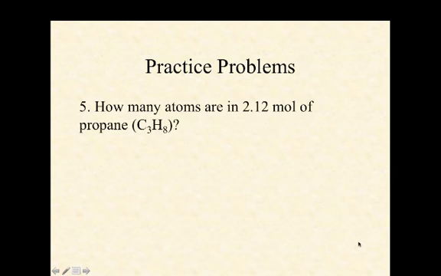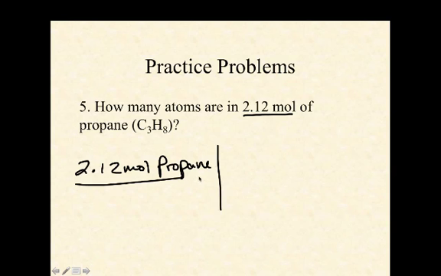How many atoms are in 2.12 moles of propane? Propane has the formula C3H8. You know, like the stuff you have in your barbecue grill? So look, they gave me a number to start with, 2.12 moles of propane. And I'm going to use Avogadro's number to convert.